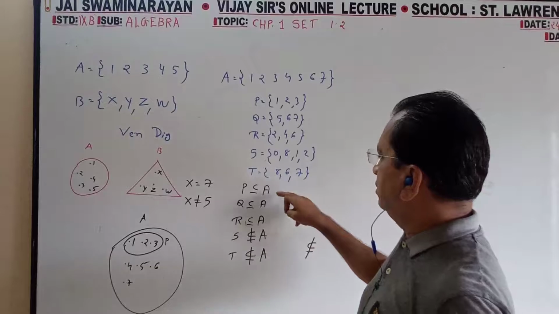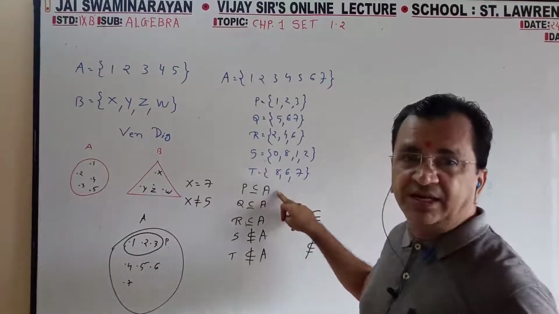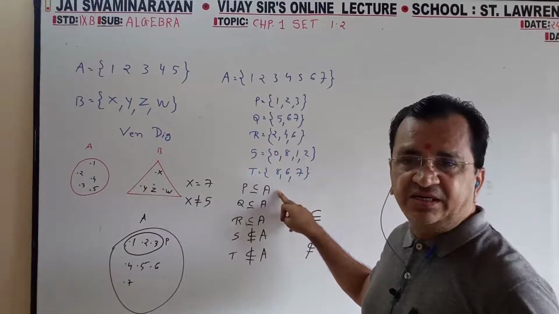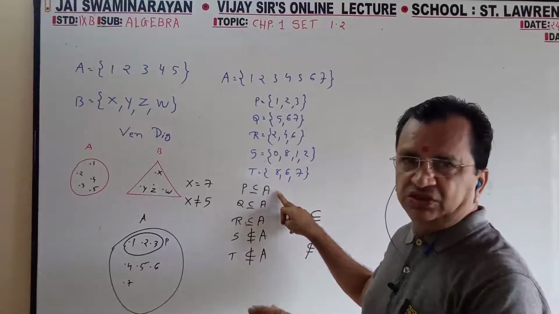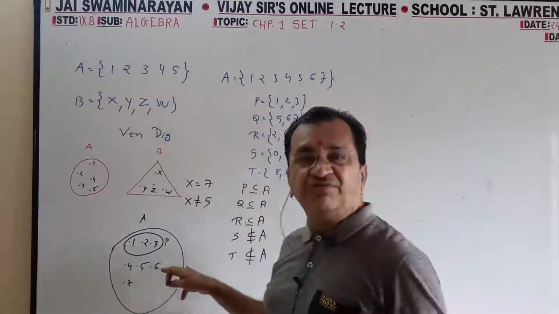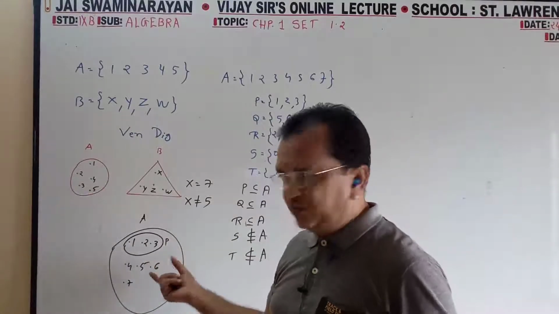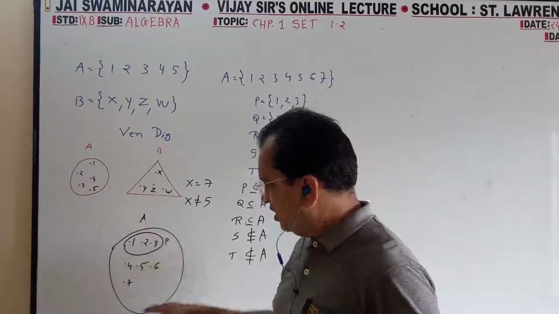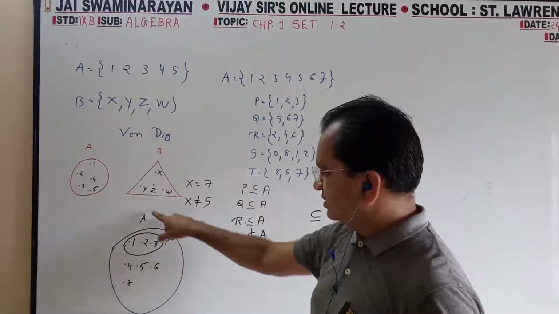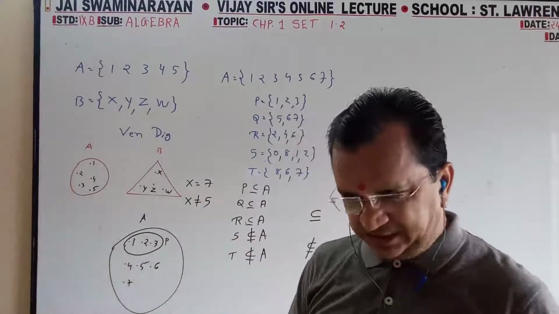So I have shown it like this, symbolically. Now in a Venn diagram, how to show it is a subset? It is a subset when 1 to 3 is also included in the full 1 to 7. So P is a subset of A.